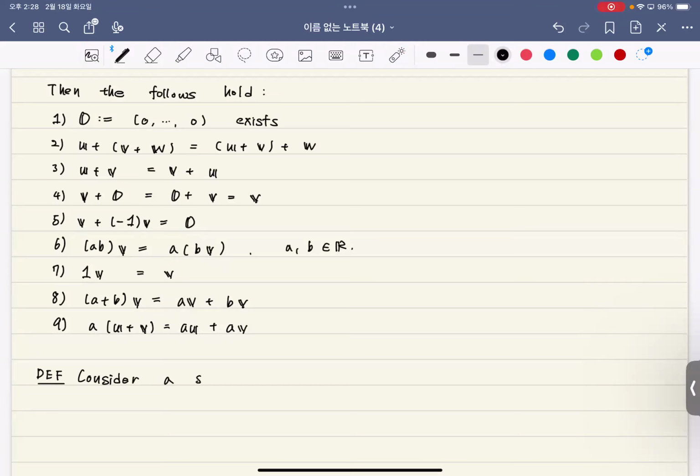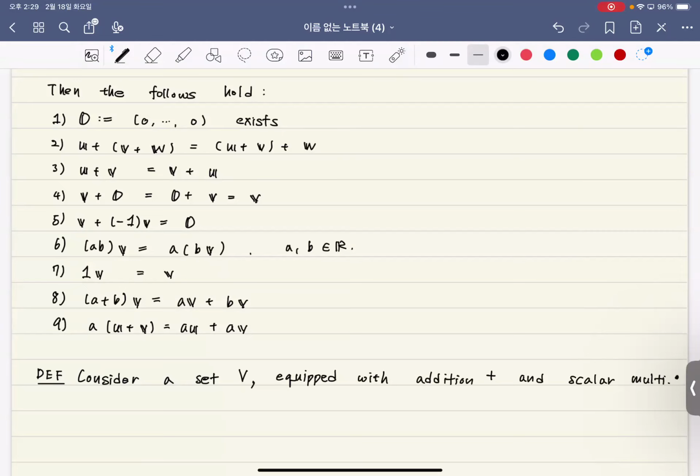Well, suppose that you have a set, some random set. I have no idea what it is. But also suppose that this set V happens to have 2 operations: addition and scalar multiplication.